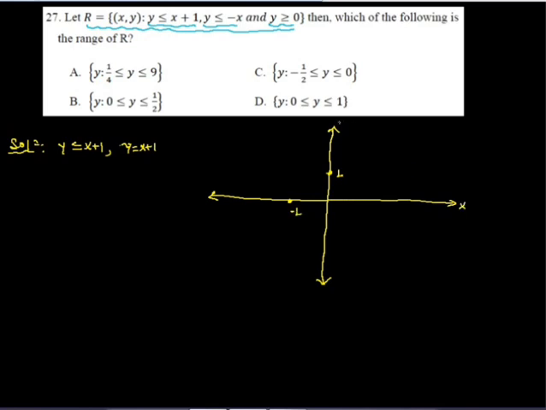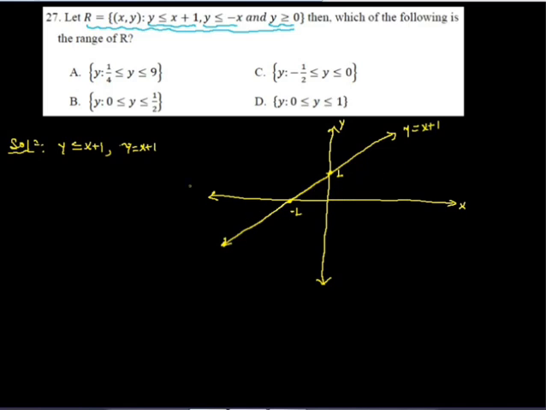Okay, so what kind of line do we draw? A solid line passing through these intercepts. So this is the line y equals x plus 1.